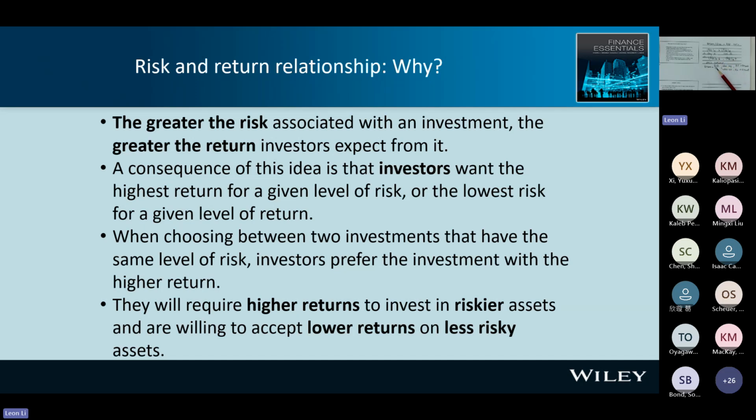Let me show you that in more detail. This is the definition of return: return is P1 minus P0 divided by P0. P0 is the stock price today, so you buy the stock at P0, and at year one, P1. The difference between them is your capital gain. When we buy the stock, higher demand means higher price, so P0 will go up. When P0 goes up, you can see the return will go down.